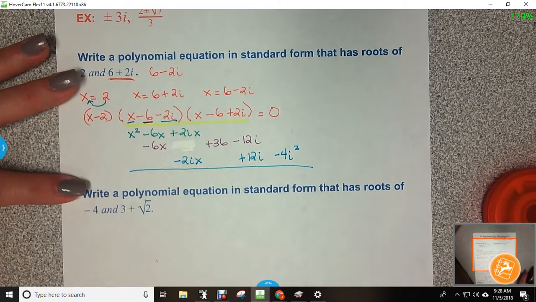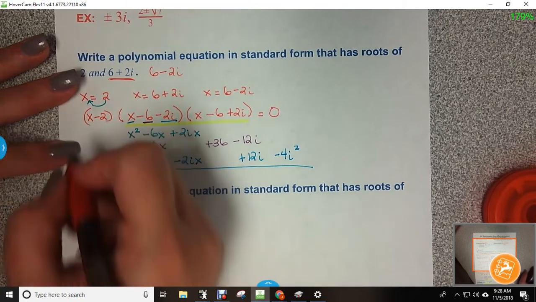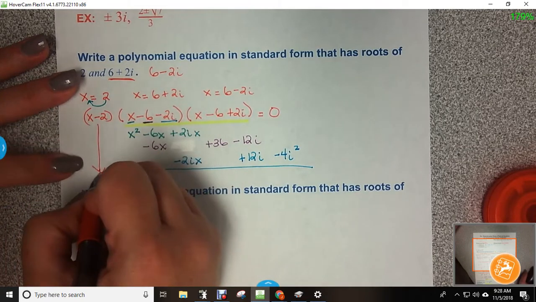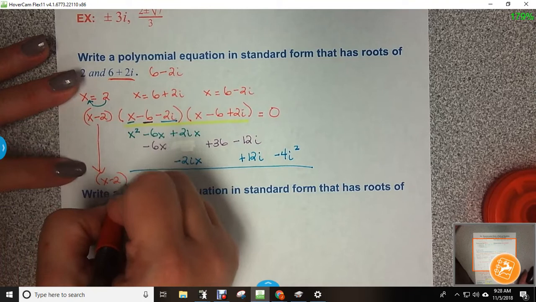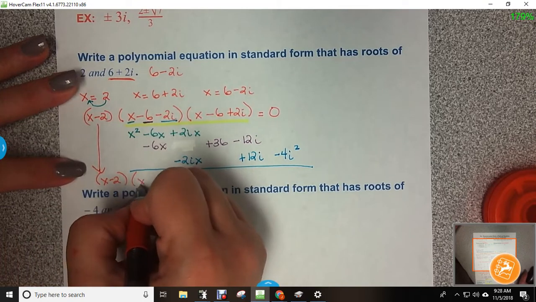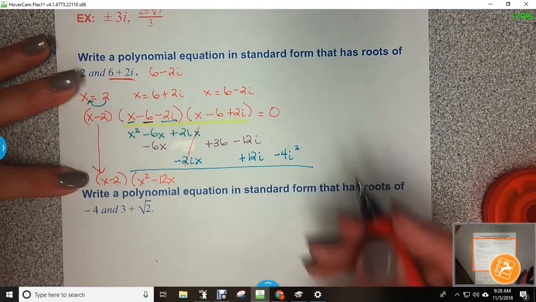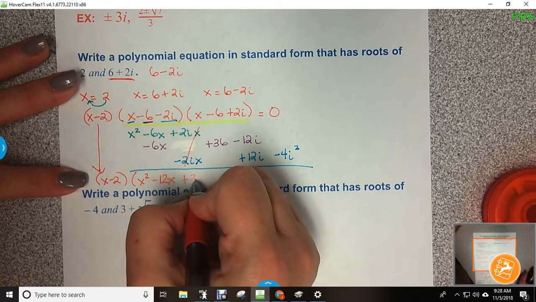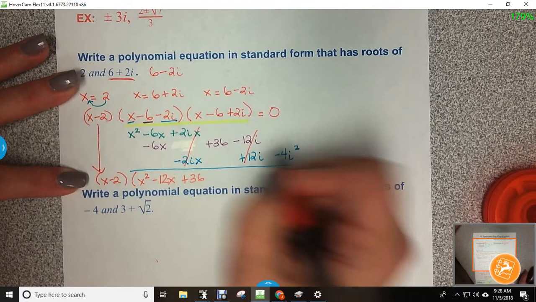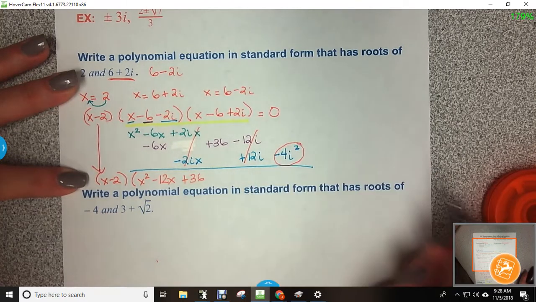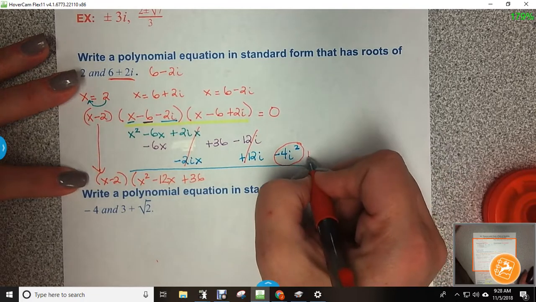So let's combine all of those like terms, but don't forget you got to bring this down. So I end up with x squared minus 12x. These will cancel. Plus 36. These will cancel. And this term, that is negative 4 times negative 1, makes that a plus 4.